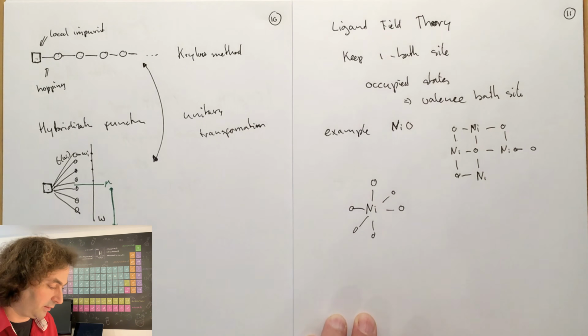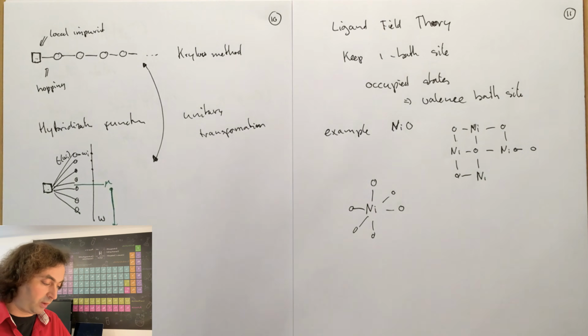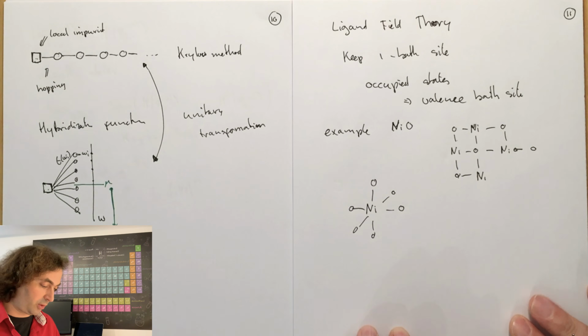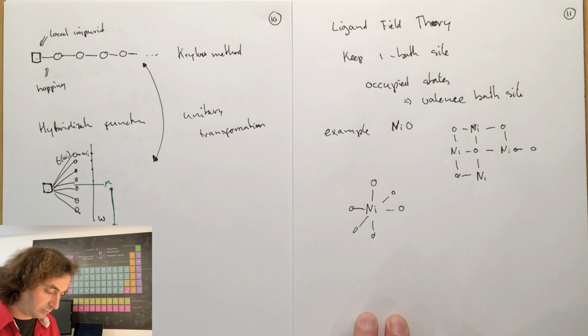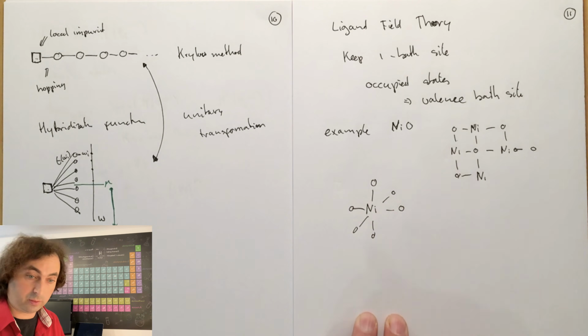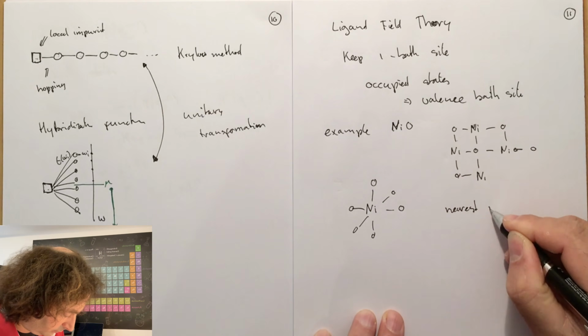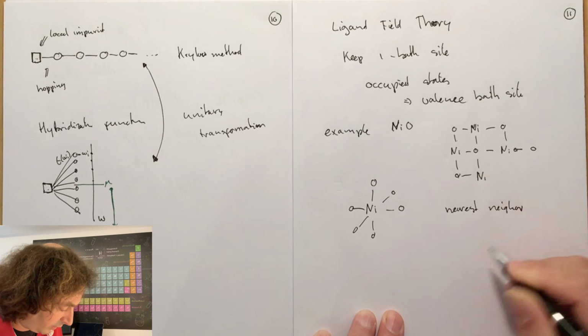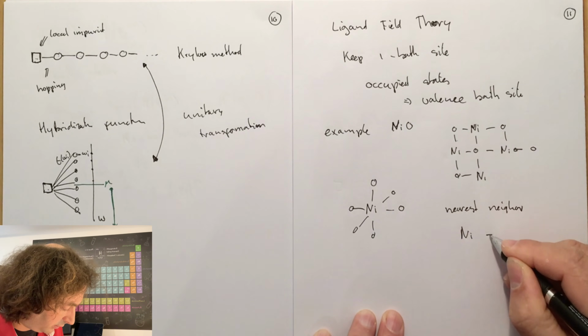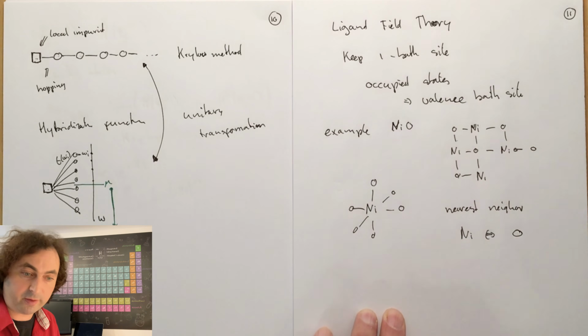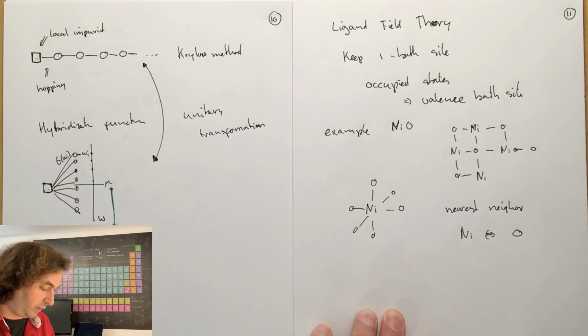And this is then extended to 3 dimensions, where you have alternating nickel and oxygen atoms on a square lattice. So if we just focus on nearest neighbor interaction, then it is always a nickel that hops to an oxygen and vice versa, an oxygen that hops to a nickel.